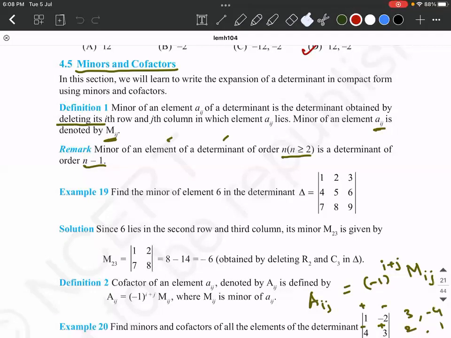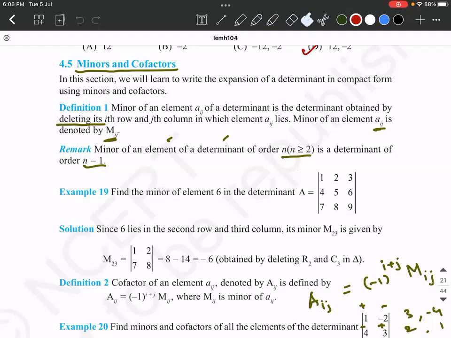If I have a 3 cross 3 matrix, as an example, a determinant of 1, 2, 3, 4, 5, 6, 7, 8, 9, and I want to find the minor of element 6, then what am I supposed to do? I need to hide the corresponding row and the corresponding column.